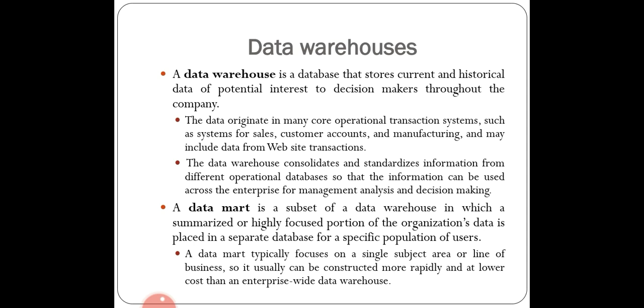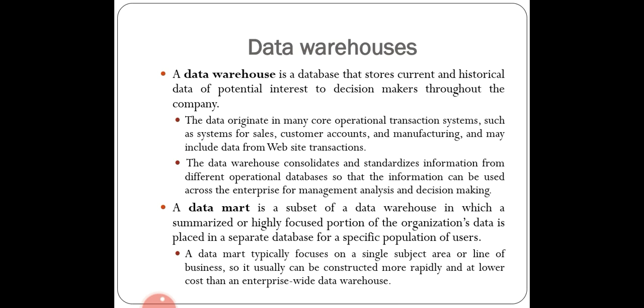Actually, the data stored in a data warehouse originates from operational transactions. For example, the sales systems, the customer accounts, the manufacturing and production systems, or web transactions. So the data from these TPSs, the MIS and DSSs, etc., can be taken and stored as historical data in other databases that we call a data warehouse.